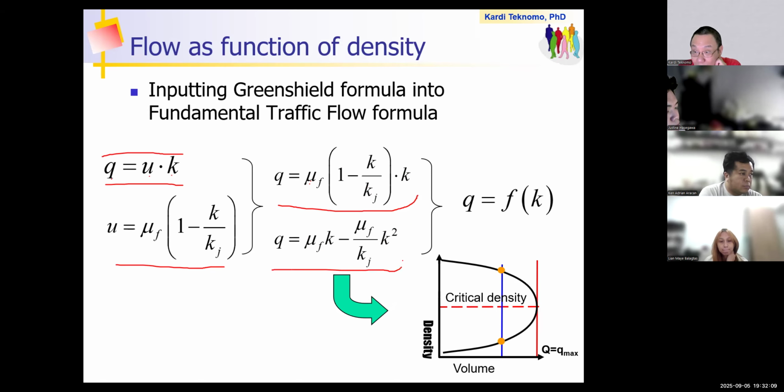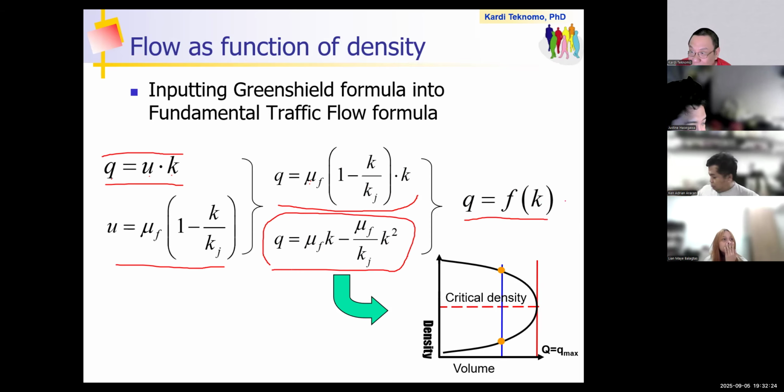This is a quadratic equation. Functionally, the flow is a function of K because UF and Kj are the parameters, numbers.